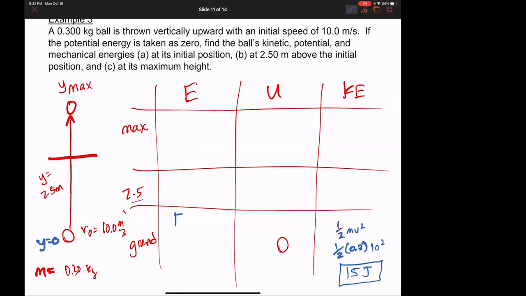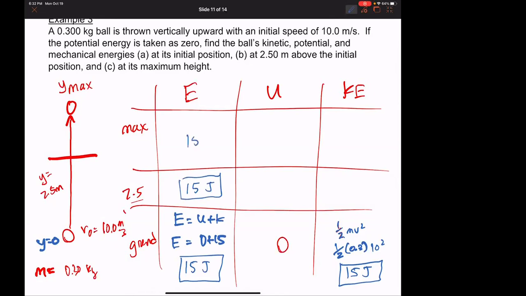And remember, the total energy at all points is U plus K. So E, the total energy, is 0 plus 15 joules. So E for every column has to be 15 joules. That never changes. The total energy of the system is always the same.